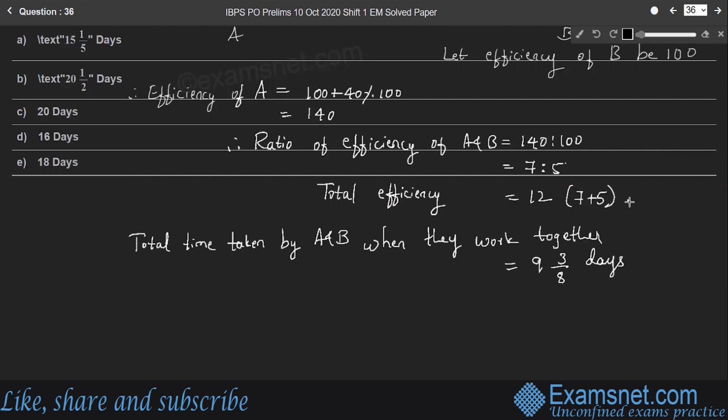Here the total efficiency is given and the total time is given. So can we calculate the total work? In general, work is equal to efficiency into time. Here, total efficiency into total time.